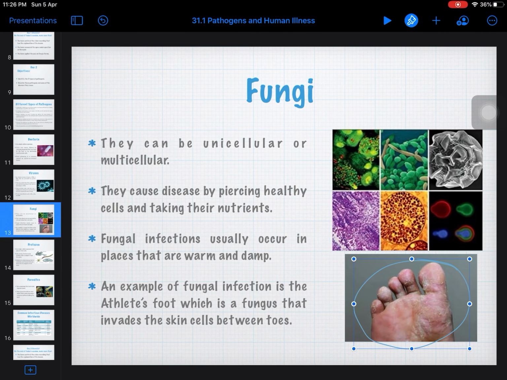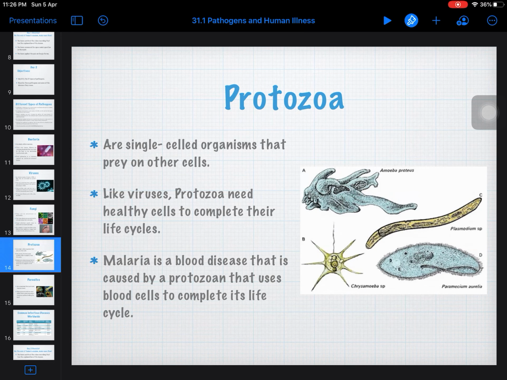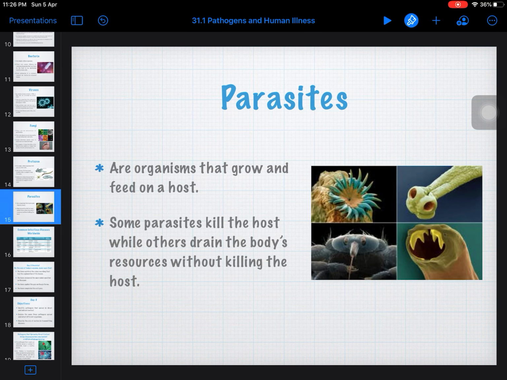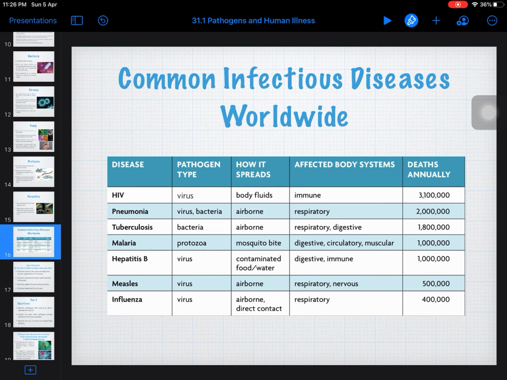Now, going back to our PowerPoint, as you can see, we have pictures of all types of pathogens. These are different parasitic worms and parasitic organisms. This is a table that has a list of diseases, the pathogen that causes them, how the disease spreads, the symptoms that appear after infection, and the number of deaths it causes annually.